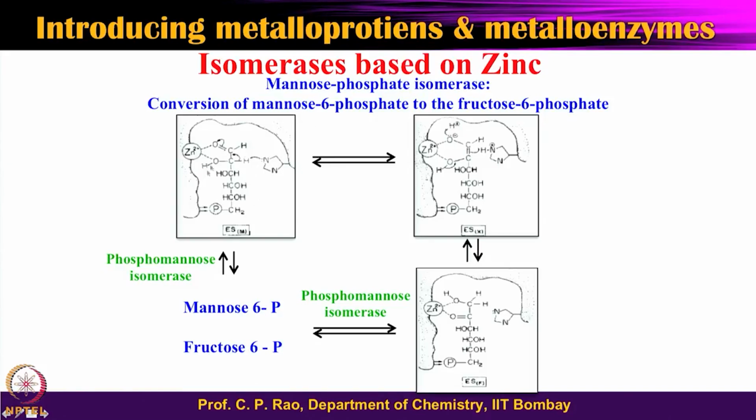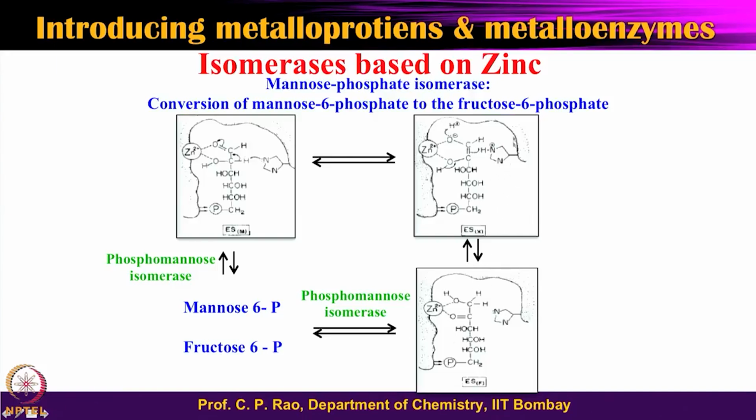Basically you have your zinc center in the enzyme where the substrate binds, and that is mannose 6 phosphate. The substrate interacts through its C1, C2 carbons or C5, C6 carbons through this zinc center, and that triggers the conformational change as well as the reaction.